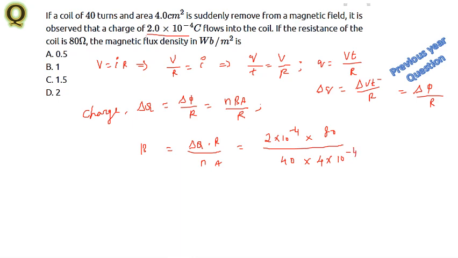From this, the 2 and the 4 cancel, so what you have is 10 power minus 4 divided by 10 power minus 4 only. So what you have here is 1 Weber per meter square. So the answer in this case is 1 Weber per meter square.